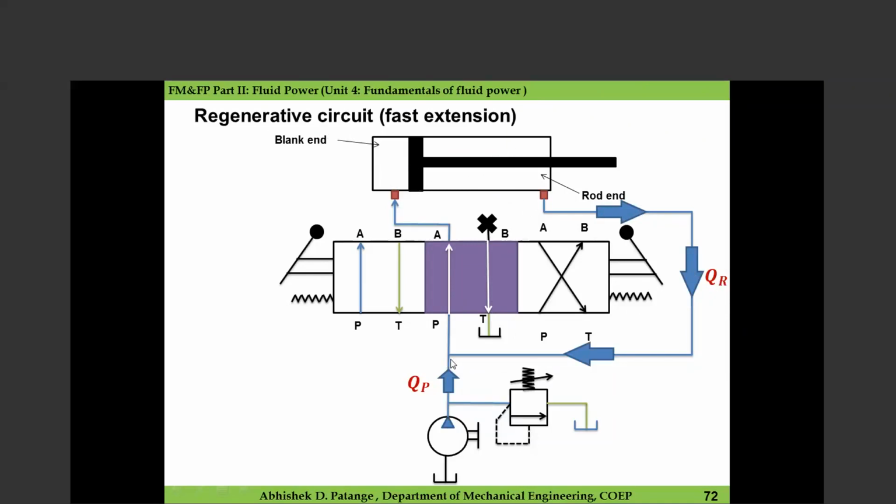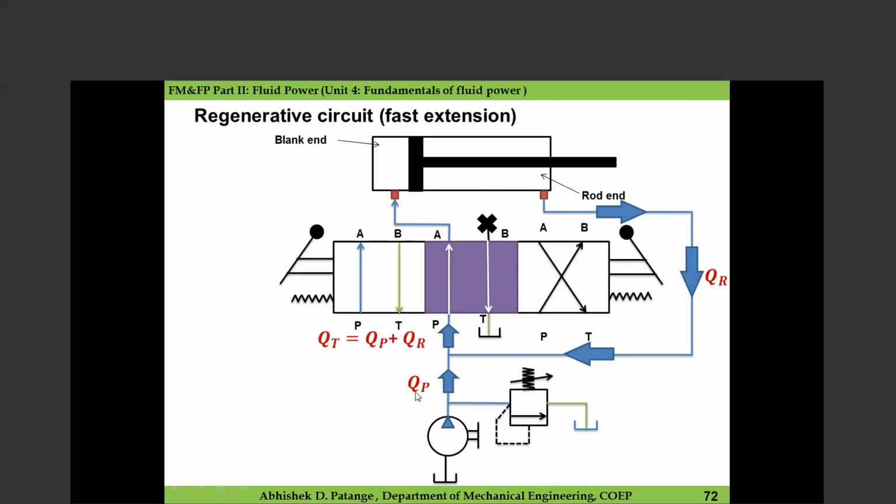After this junction of QR and QP, the discharge supplied will be a combination of QP and QR. Let us assume this discharge as QT, that is Q total, equal to QP plus QR. So obviously more liquid is being supplied to the blank end and hence it will give you fast extension.